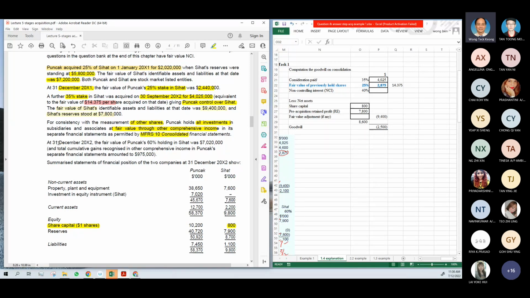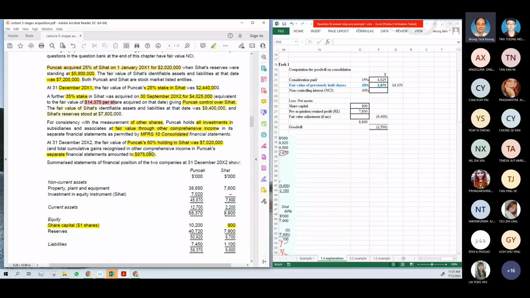So at 31st December, the fair value of the 60% holding is 702. Then they give a cumulative gain recognized in Punchat of 970. This is in Punchat's separate financial statements, at Punchat level, not at group level.